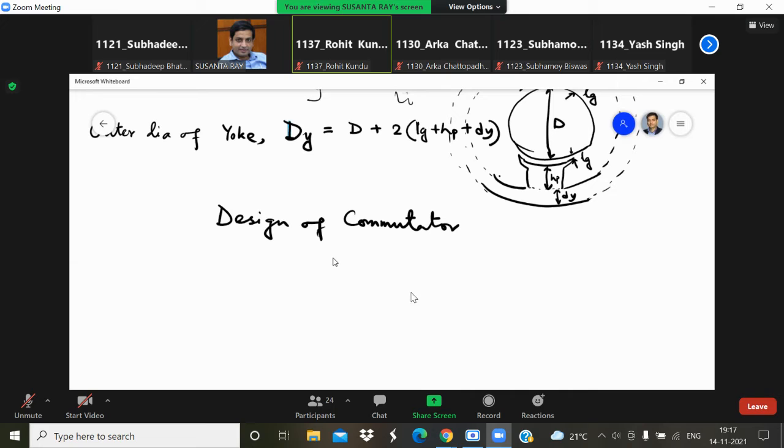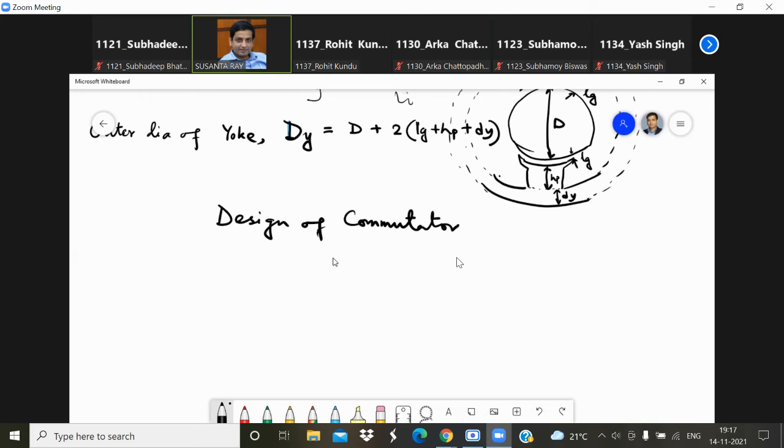For 200 kilowatt machine, the main diameter will be at least 350 or 370 mm, and the outer diameter of the yoke will be around 650 or 700 mm.